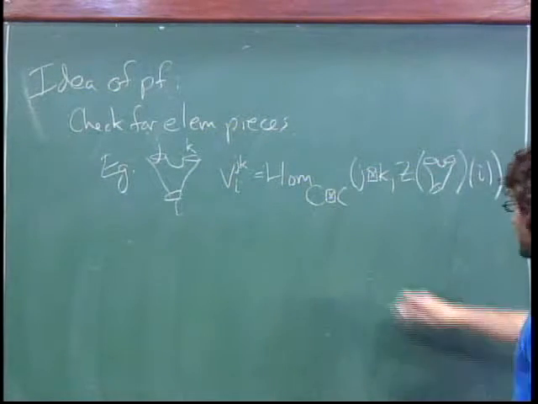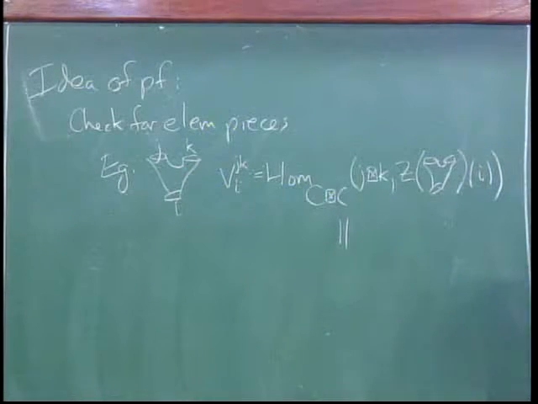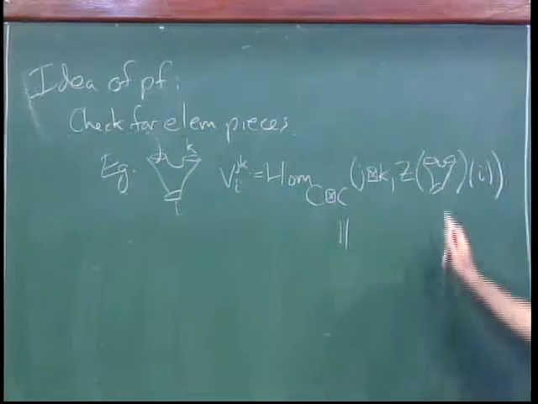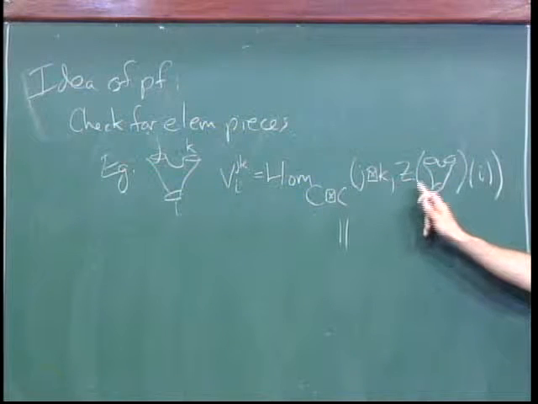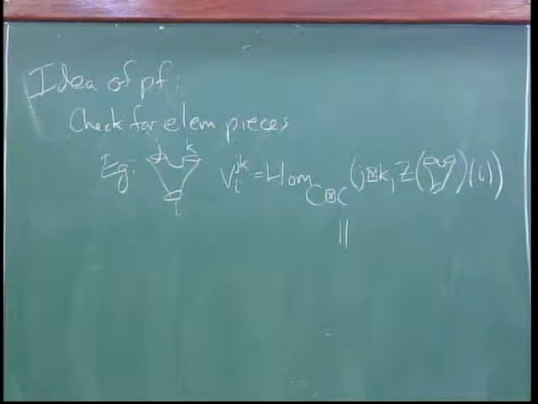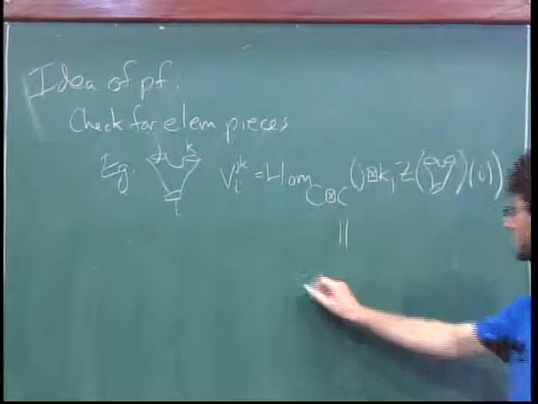There's only one move here: how was Z of the copants defined? Well, I defined it to be the right adjoint to Z of the pants.